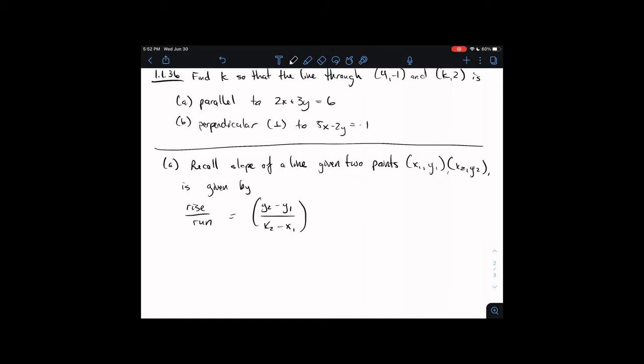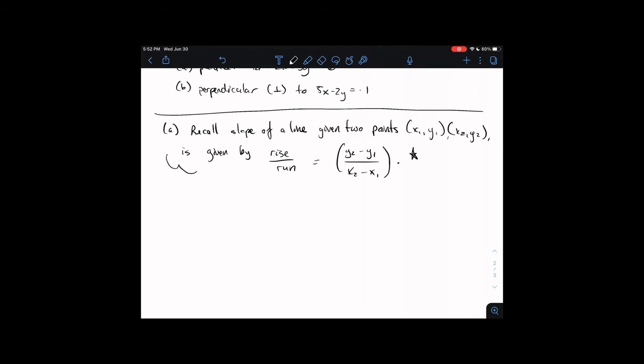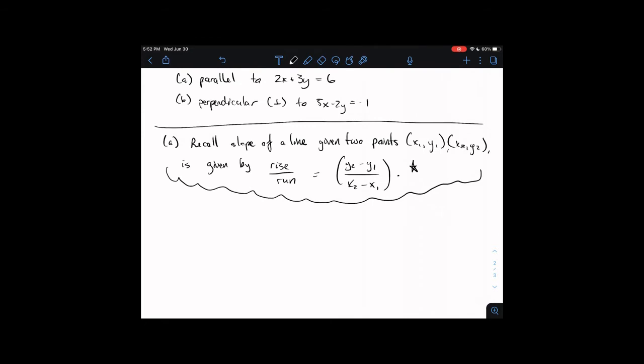Okay. So first we're going to find the slope of the line they give us, and then we're going to use this equation. Let's find the slope of 2x plus 3y equals 6. And how do we do that?